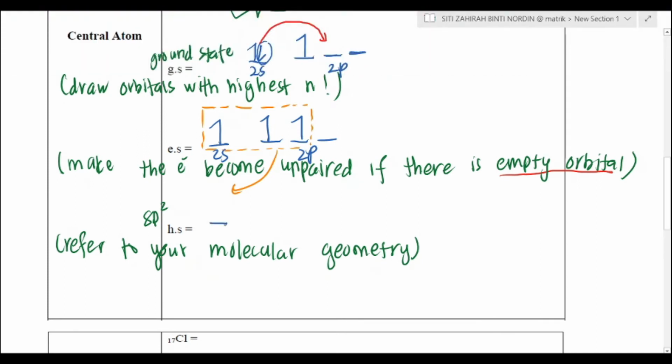So we are combining 1 s and 2 p orbitals, and we call this sp2 hybrid orbital. And the last orbital in here is empty, so you still have to draw it, but just write it as an empty 2p orbital.